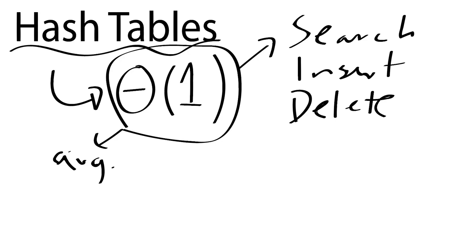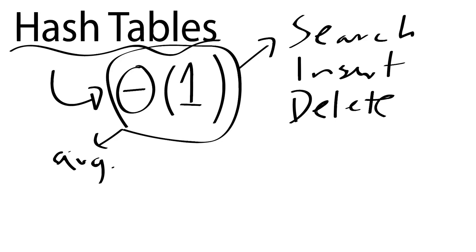But for our purposes, we're just going to look at an implementation of hash tables, which allows us to perform these dictionary operations in constant time.